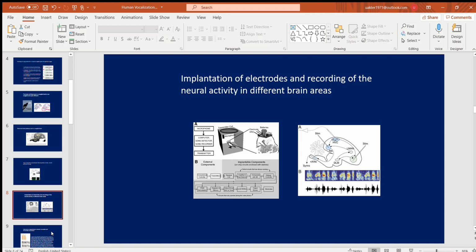Okay, so different ways are used to study the learning and producing of the song.